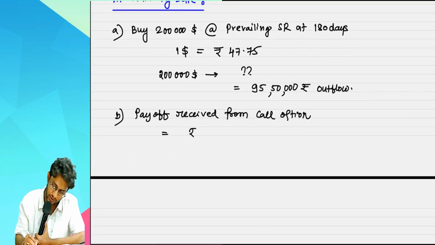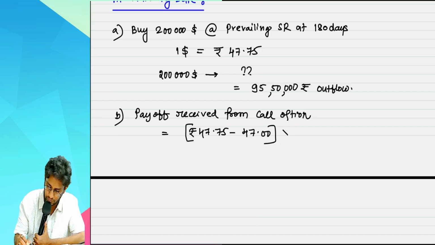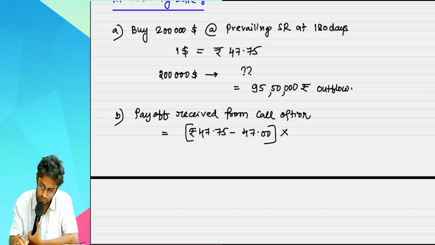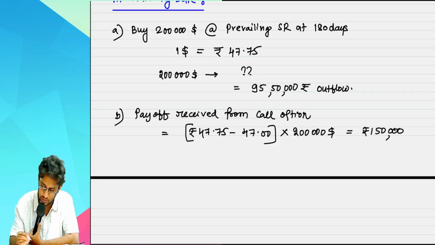So definitely option gets exercised. 47.75 minus 47 is $1. Like that, I would have taken call for $2 lakh. So 2 lakhs into 0.75, 1 lakh 50. This is payoff and this is your inflow.